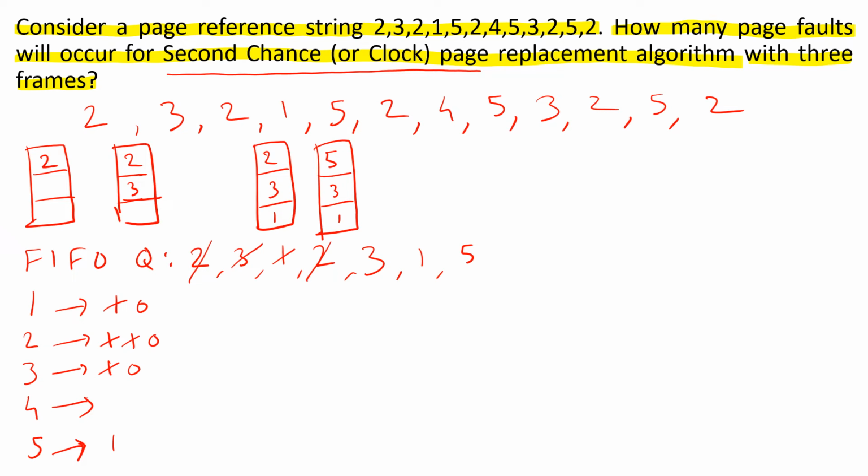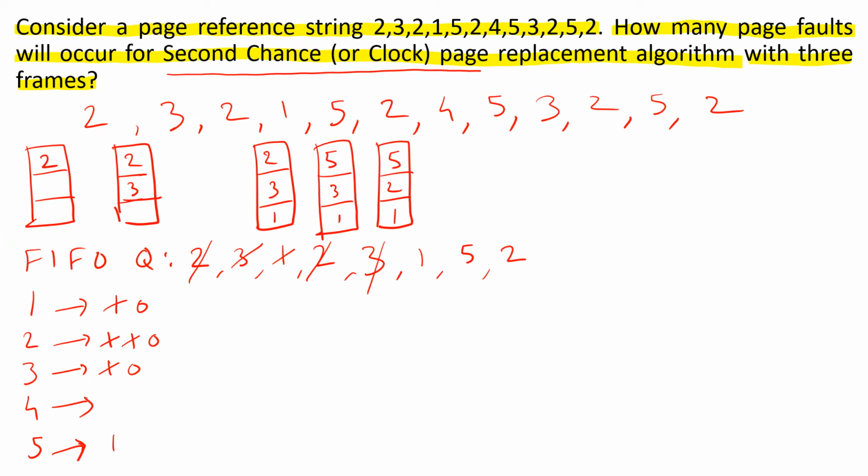Then we need page number 2 again. We remove a page from the queue, which is 3. The reference bit is 0, so we replace that page. So 5 stays, 3 is thrown out, 2 is taken in, and 1 stays.